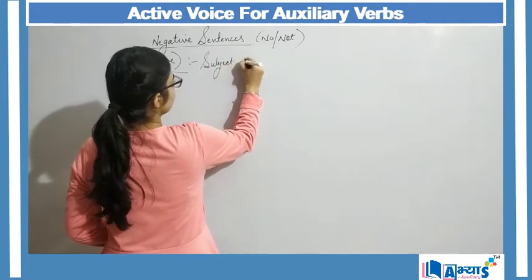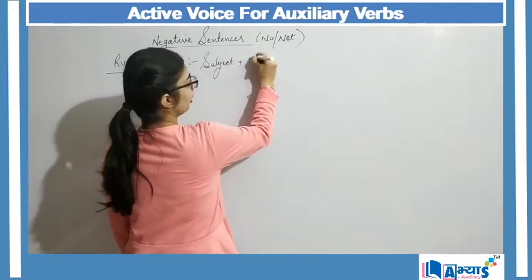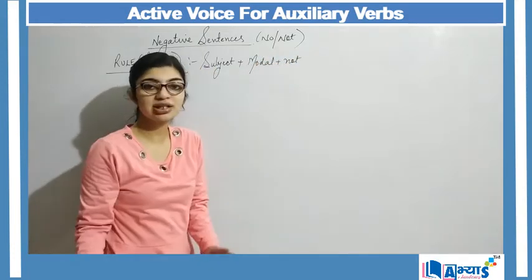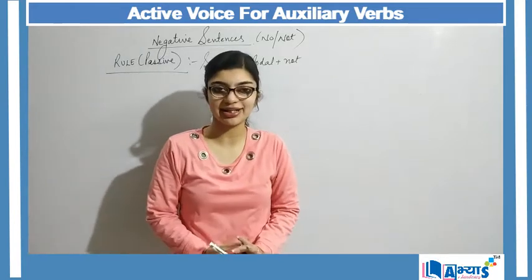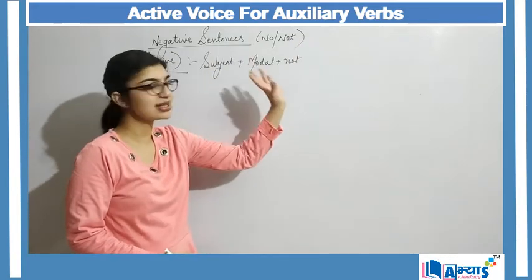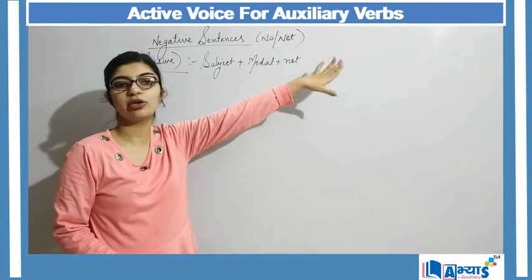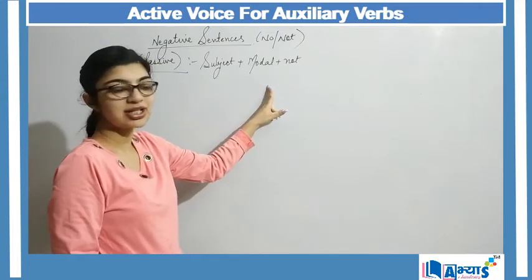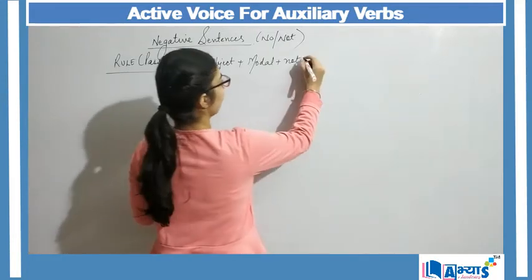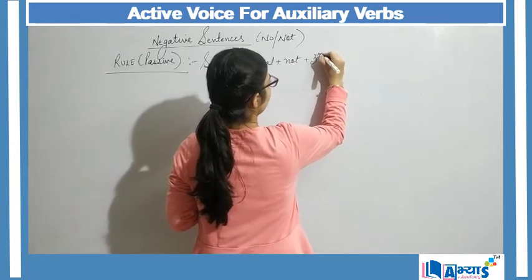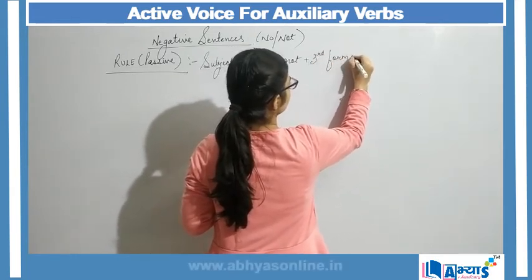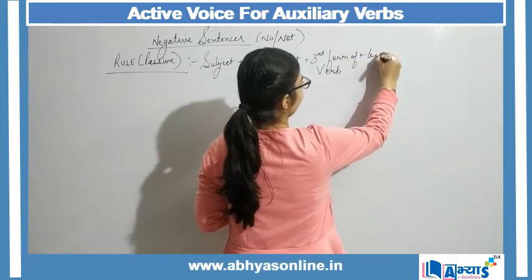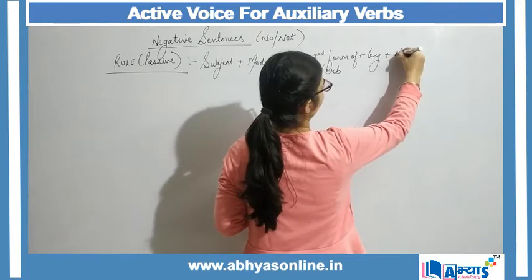So the rule is subject plus modal followed by not. The difference between positive and negative sentences in passive voice is that with the modal we add not, and the rest remains the same: subject plus modal plus not plus third form of verb plus by, followed by the object.